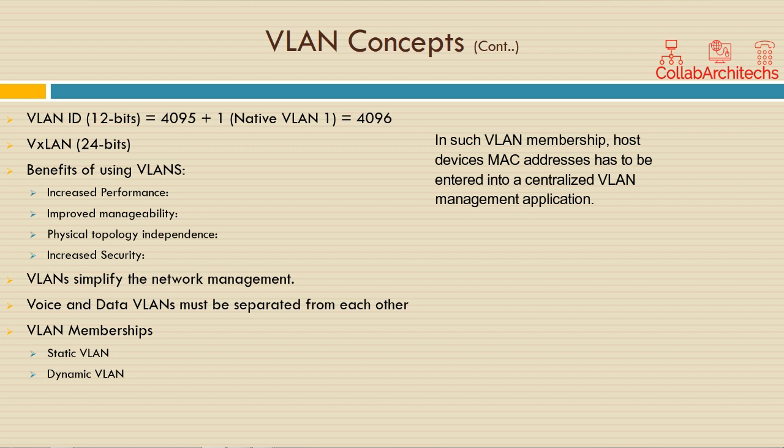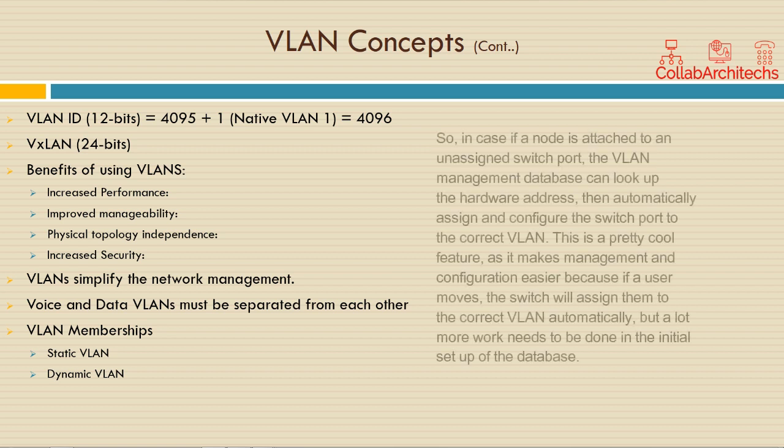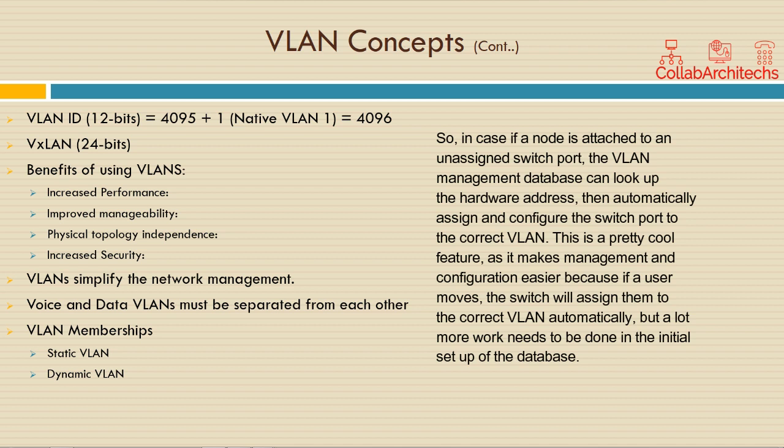In such VLAN membership, host devices' MAC addresses have to be entered into a centralized VLAN management application. So in case a node is attached to an unassigned switch port, the VLAN management database can look up the hardware address, then automatically assign and configure the switch port to the correct VLAN.